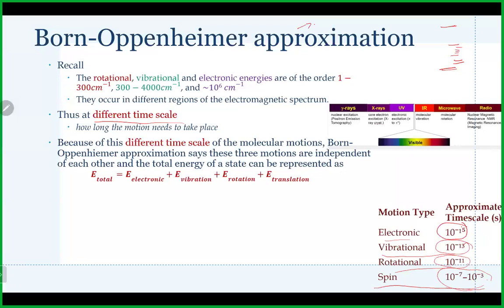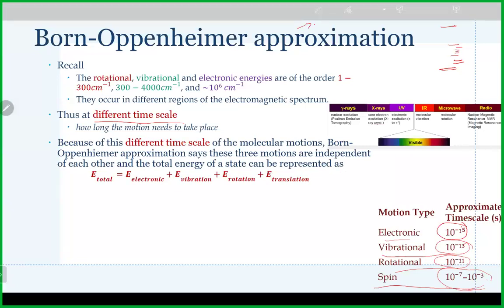The Born-Oppenheimer approximation, which we'll quickly see in exact form on the next slide, says that because of these different time scales, the three motions are independent of each other. So this is the total energy.